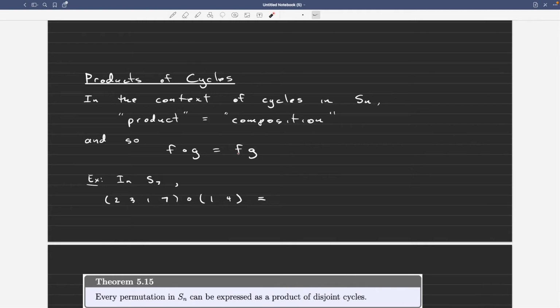It's just a convention that people use in this context. So in S7, instead of saying (2 3 1 7) composed with (1 4), I'll just write that as (2 3 1 7) times (1 4), and understand that times means composition here.